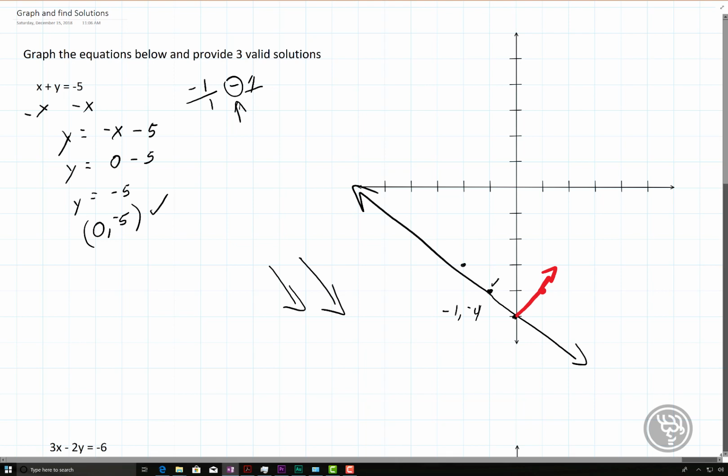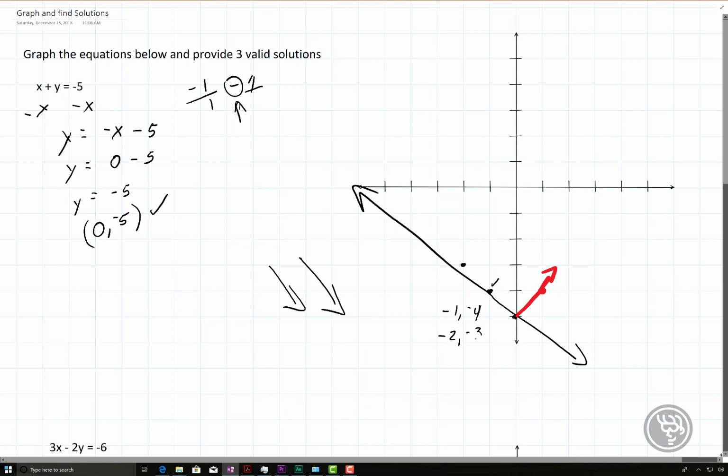I guess this line should be going through there if we wanted to be correct. I guess my lines aren't that straight, but the correct point would be going through there, and that point would be 1, 2, 3, and -2.